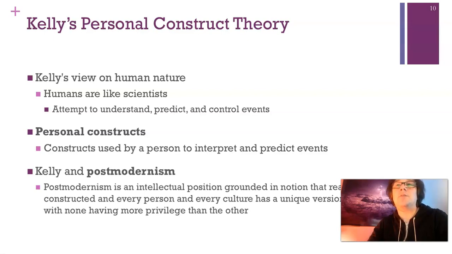So when it comes to, let's say, Kelly and postmodernism, I'm not going to go into postmodernism in much detail, but essentially postmodernism says that there's no real objective reality, that reality is pretty much just subjective, and that there's no objective right or wrong.